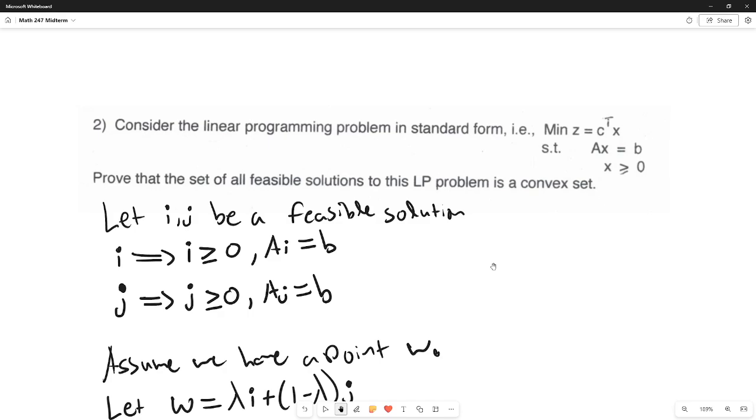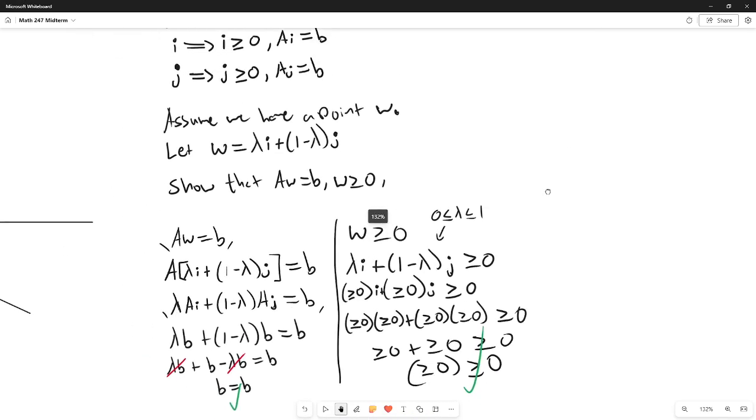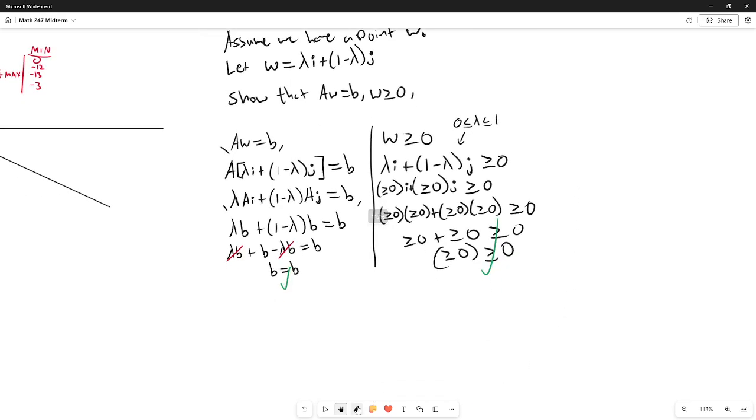Because every convex combination of points in this set is also a feasible solution, so it's a convex set. That's all you really have to do. So from there, you could say Q.E.D.